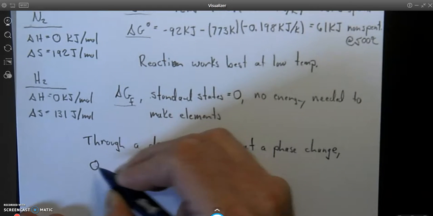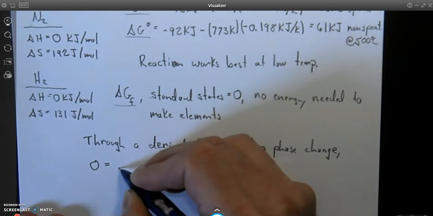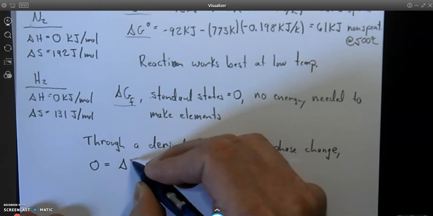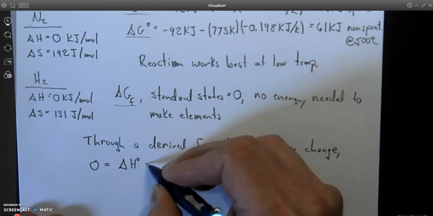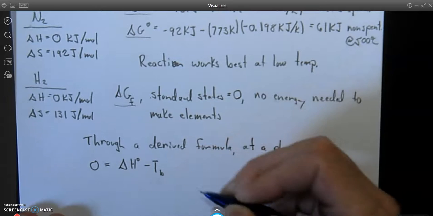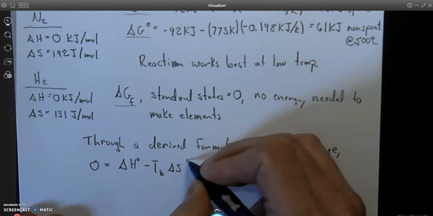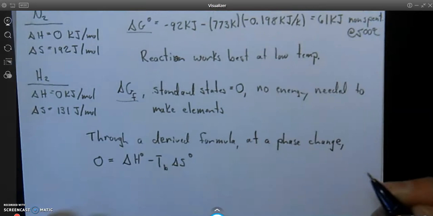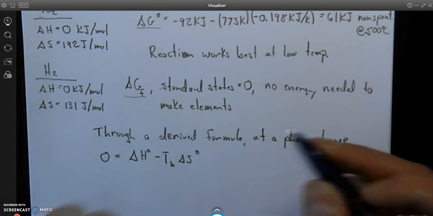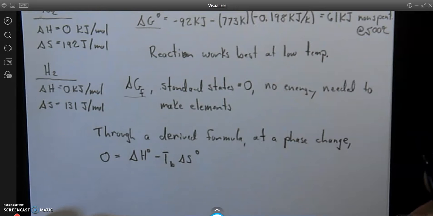That means delta G is going to be 0. We're at equilibrium, phase change. And if we're looking at delta H minus T, and we'll put B in here for the temperature of boiling, just as an example, we can use this formula as an estimate to figure out what temperature that would be. It's close, it's not perfect.